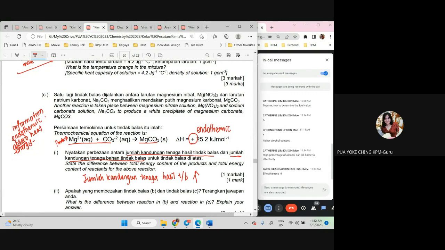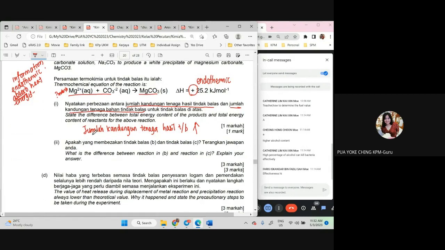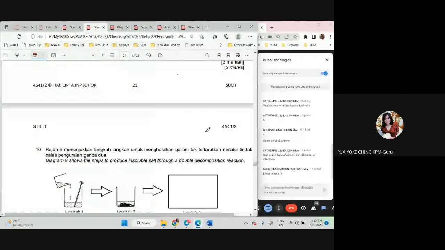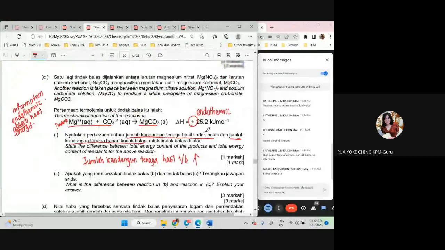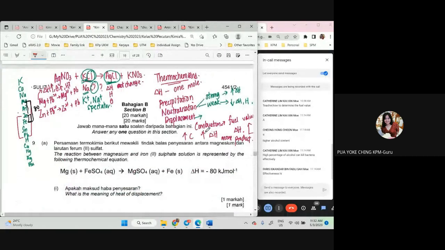Okay. So next, B and C, what is the difference? One is exo, one is endo, one is absorb heat energy, one is release heat energy, satu lagi is this one lah. Total energy content of the product is higher, satu lagi total energy content is lower. Okay. So, thermal saya tak nak sebut banyak sebab actually dia tak susah.